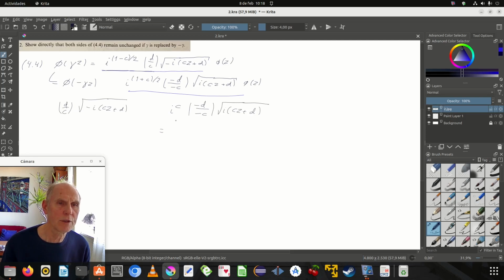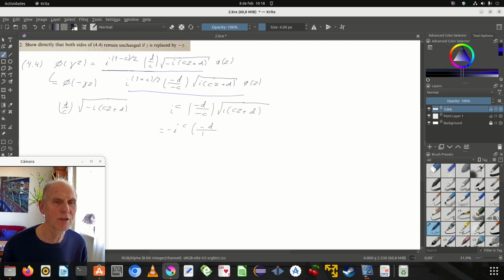This, of course, is defined by minus d over... Oh, that depends upon the sign of c, of course. So it's not so simple as I thought.